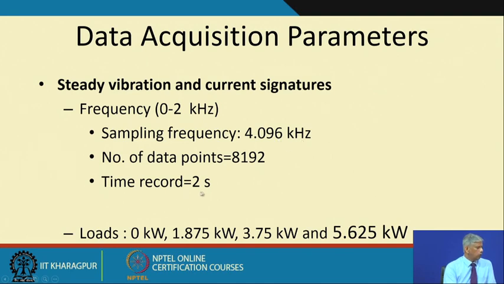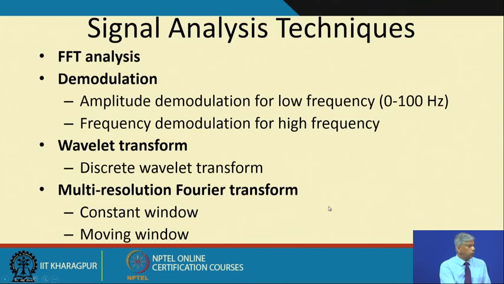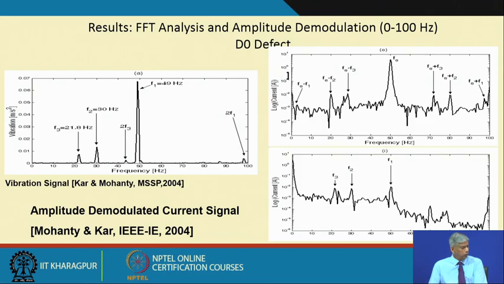The total time record was 2 seconds. The gearbox was run at different load conditions, 0 kilowatt, and then 1.875 till 5.625 kilowatts, because in the resistance unit there were units where we could switch in the circuits or resistances to introduce the loads.